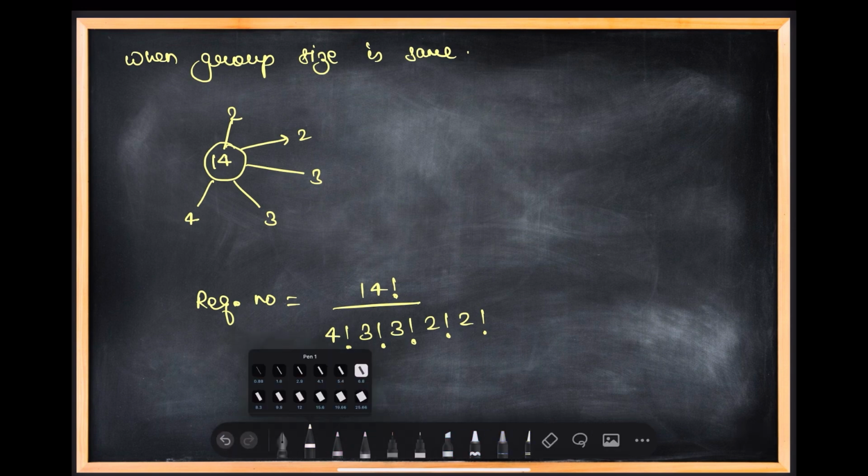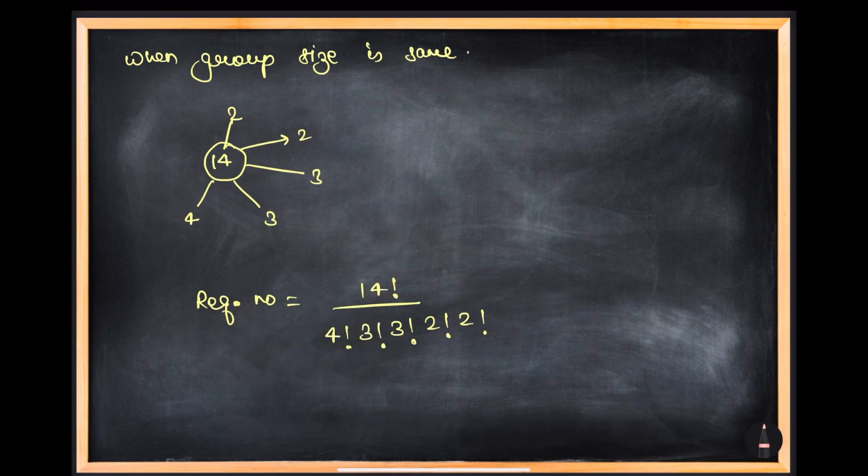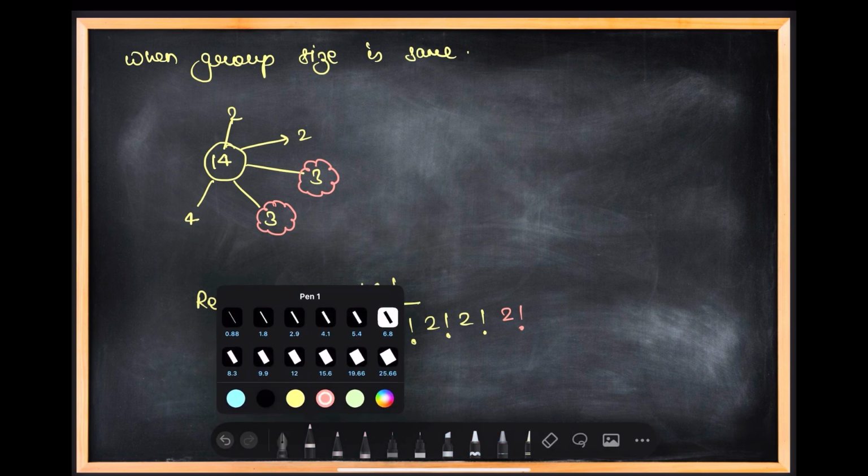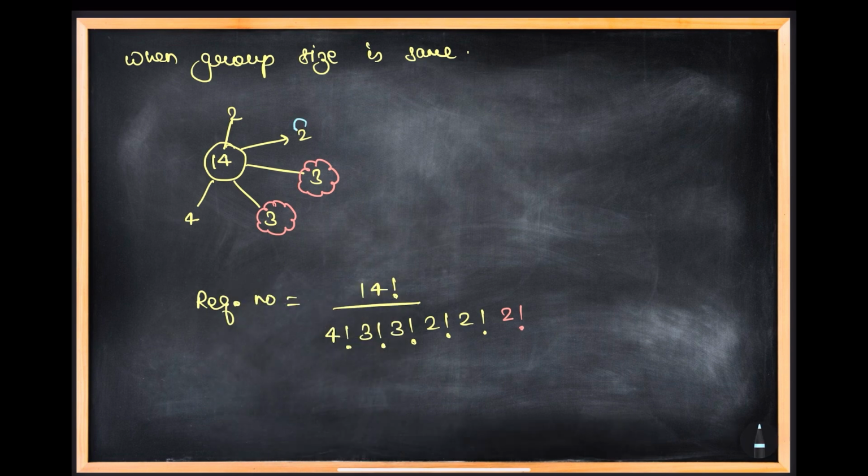Now look at this. Observe the first number which is being repeated. Your number 3 is being repeated twice, so for that you have to divide by 2 factorial. Now your second number, 2, is repeated twice, so you have to divide by 2 factorial.